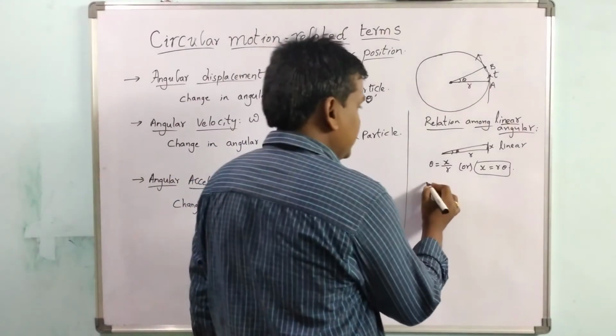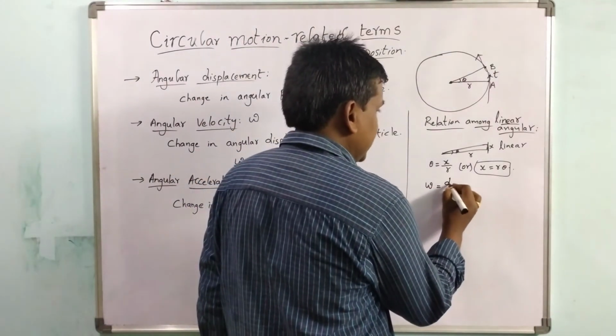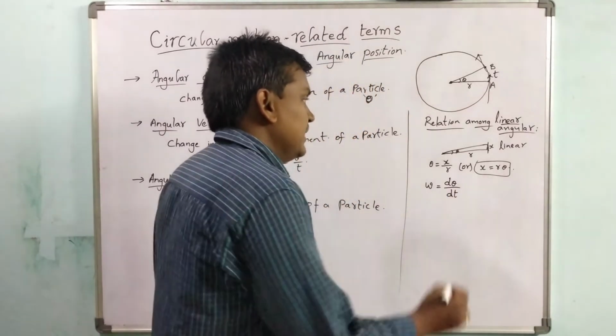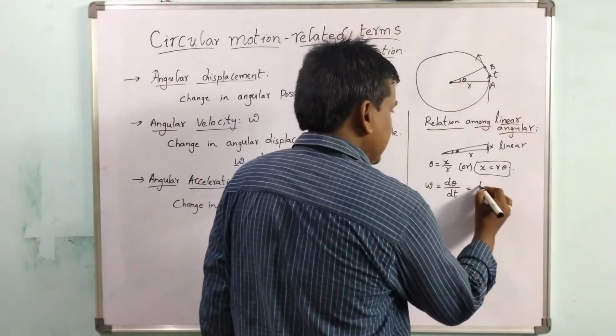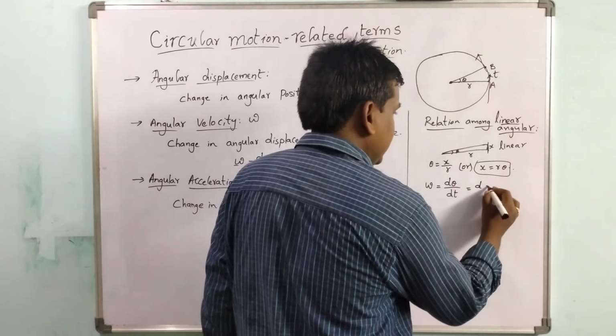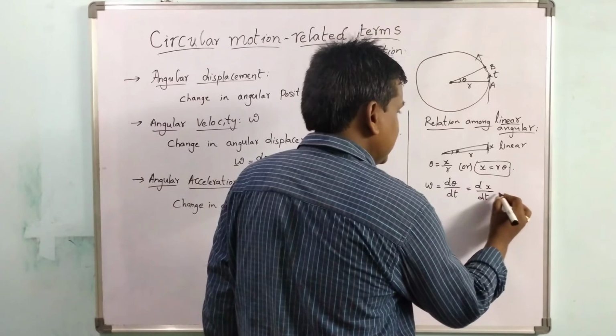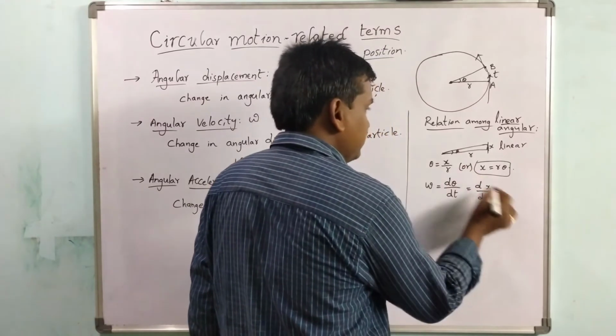Angular velocity omega is equal to d theta upon dt, and here I can write theta as x by r, so omega equals dx by dt into 1 by r.